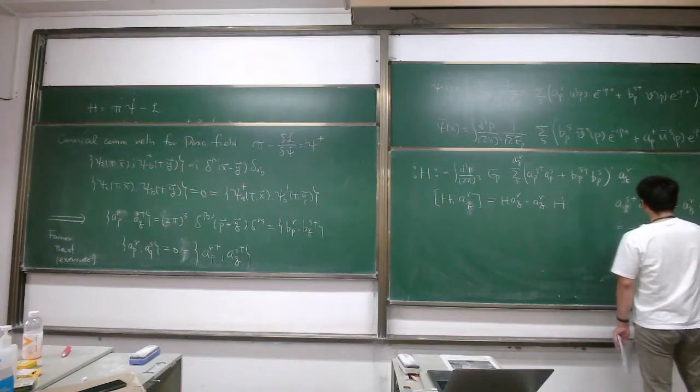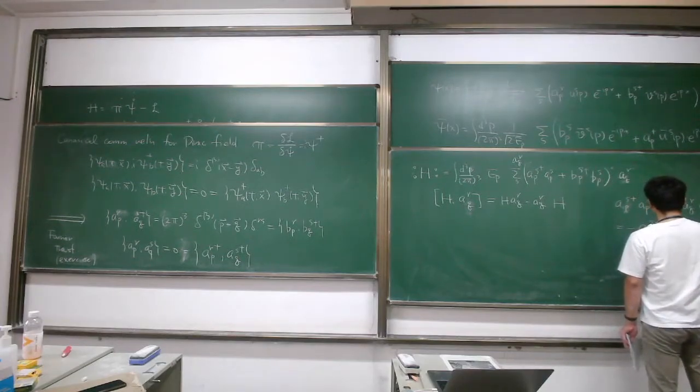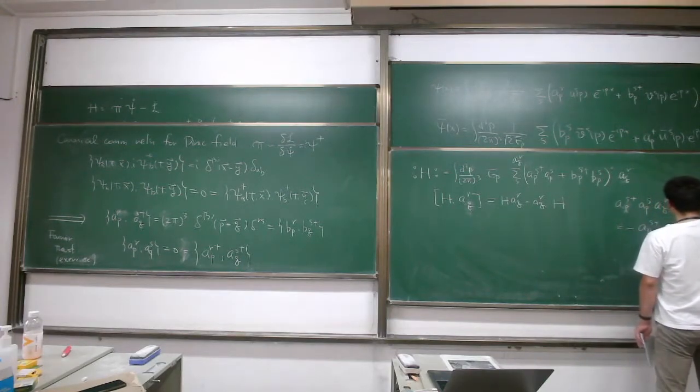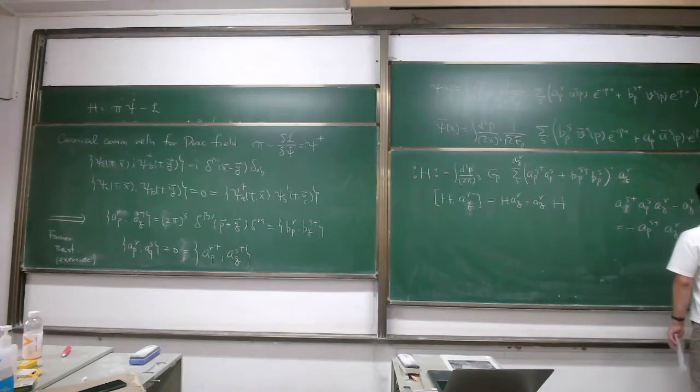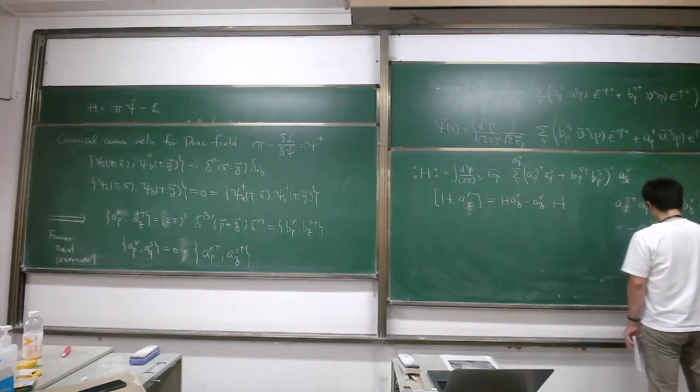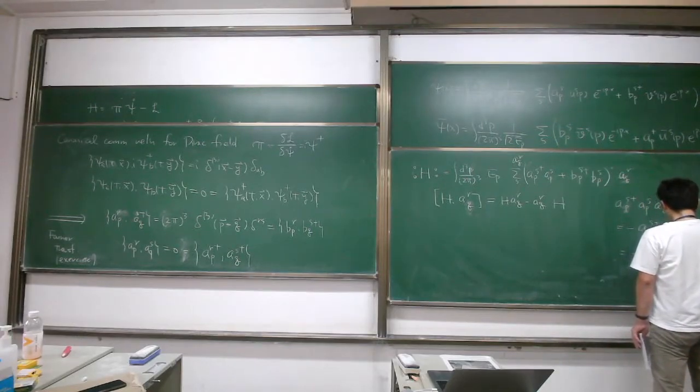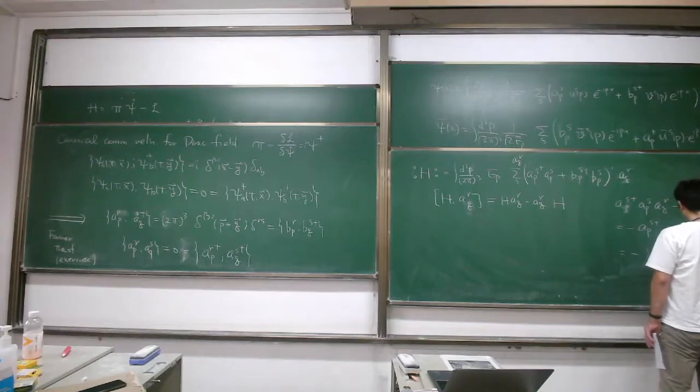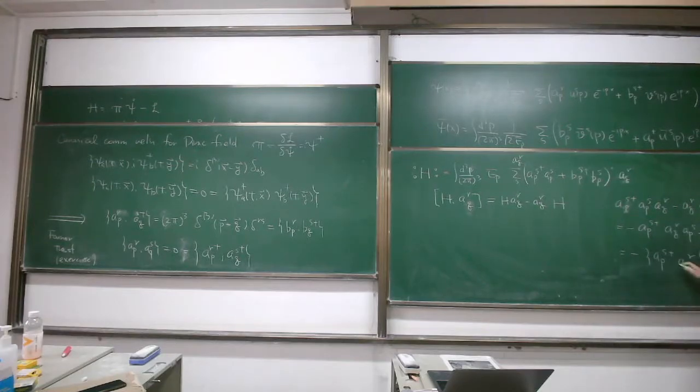So you have a minus A_P S dagger and A_Q R A_P S, and a minus A_Q R, A_P S dagger, and A_P S. Therefore this is equal to minus A_P S dagger, A_Q R, and then A_P S. Do you agree? Is that okay?